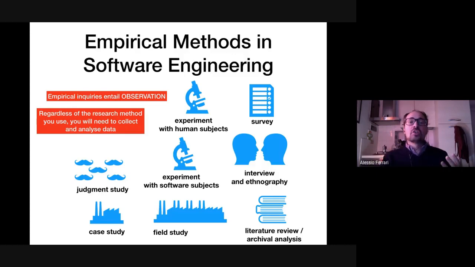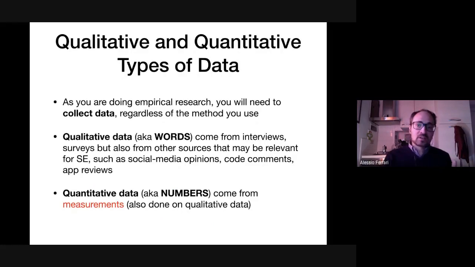So let's look at what type of data we will try to collect. Basically, there are two big families of data. The first is qualitative data, which are mainly words, but could also be images or diagrams. In our case, we will mostly speak about those that can be treated as words, and that come from interviews, surveys, and documents.